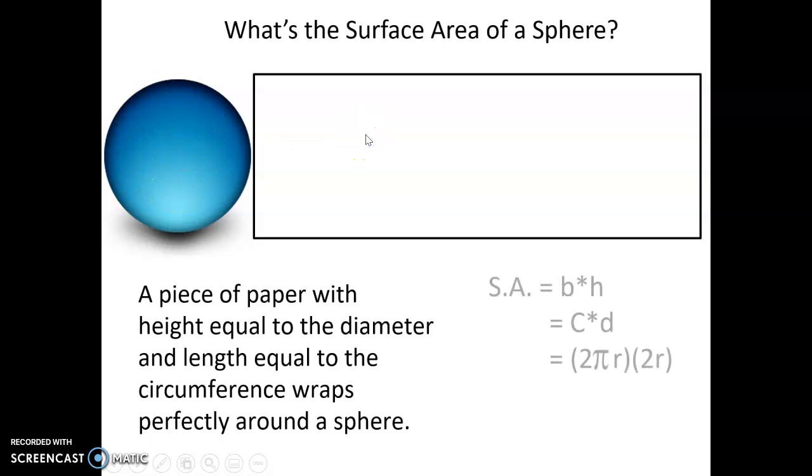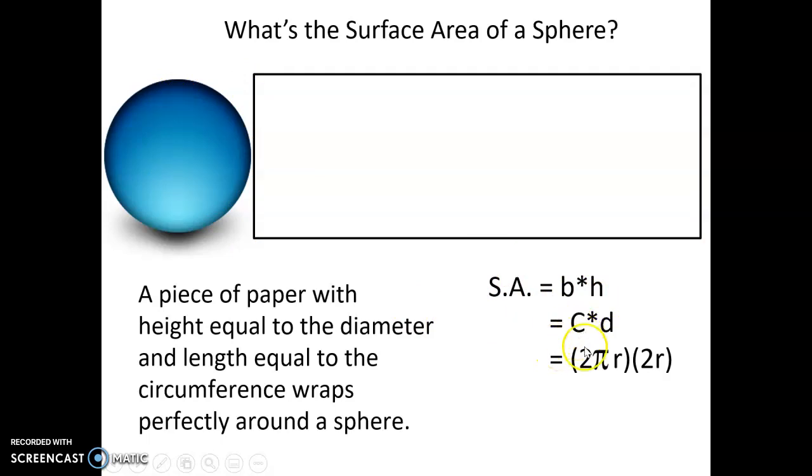So now let's come up with the surface area formula. If this rectangle represents the surface of the sphere, well, let's look at this rectangle. A rectangle begins as base times height, which I've written here. But this base, we said, is actually the circumference of the circle, like if you wrapped around the sphere. So it's circumference times d here, because it's actually the diameter of this, right? So I've replaced b and h with circumference and diameter.